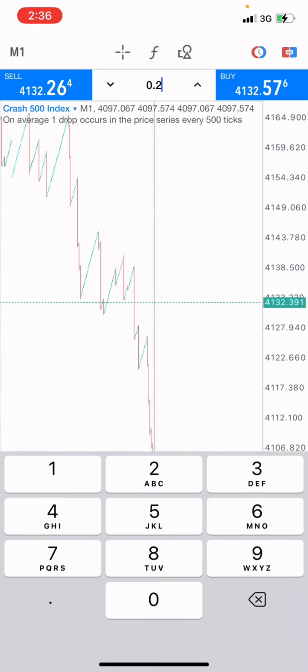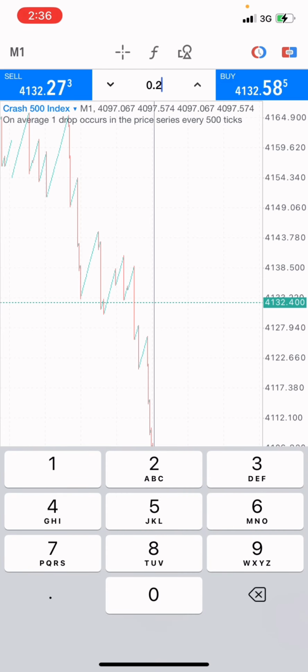All right, when you set the lot size, let's say you have the $50 account right now and you set a lot size of 0.2 now. 0.2 will give you 10 cents from one candle tick, one successful candle tick. So what you do now is to calculate how many candle ticks you are willing to take for each trade entry.